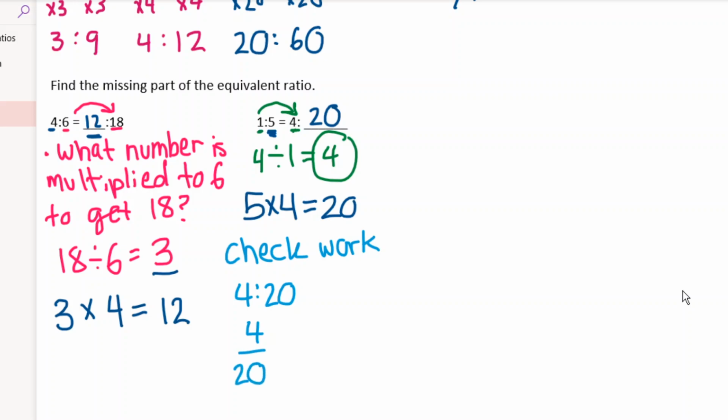Because 1 to 5 is already in simplest form. So 4 does go into both of these. Surprise, surprise. And 20 divided by 4 is 5. And so we know that we have done this correctly. And you can always use that to check your work.